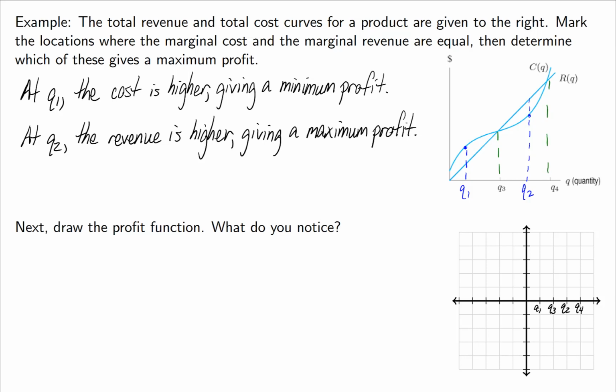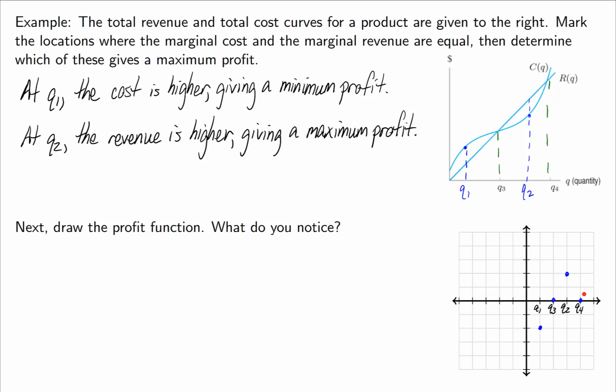They're the places where the revenue and cost are the same. But what happens is that at Q1, we have some sort of minimum profit, which is going to be negative. Let's draw it maybe down here. And then at Q3, we have 0 profit. At Q2, we get our maximum profit.